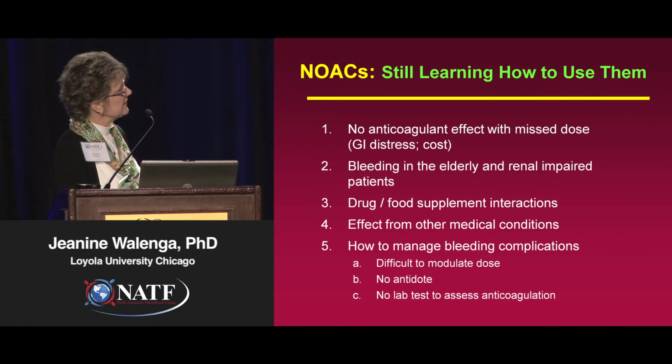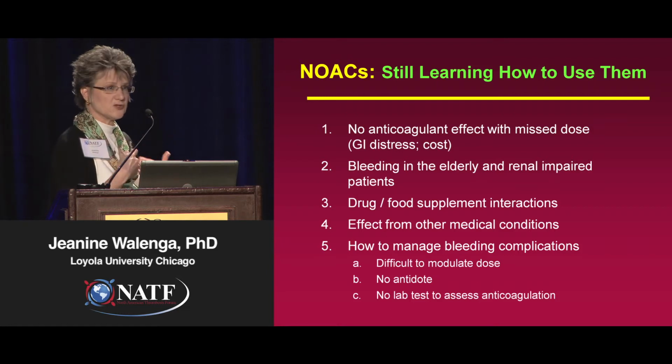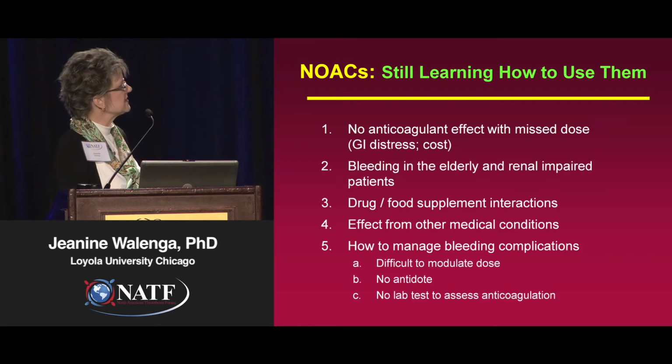Bleeding was talked about. Dr. Ansel brought that up this morning, especially in the elderly patients and those with renal impairment. So we need to understand better how to use the drug in these patient populations. We need to make sure if there are any drug or food supplement interactions with the new drugs, other medical conditions which may affect the way the drug is absorbed in the body, how it is metabolized in the body.